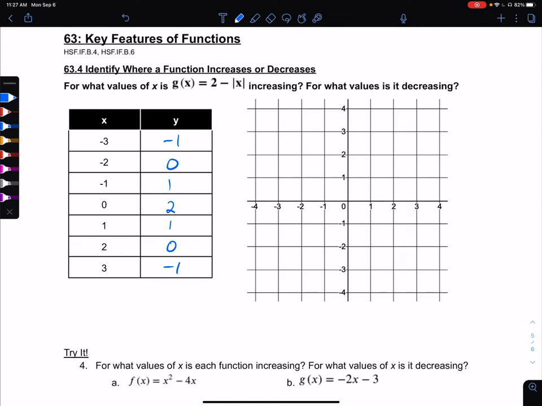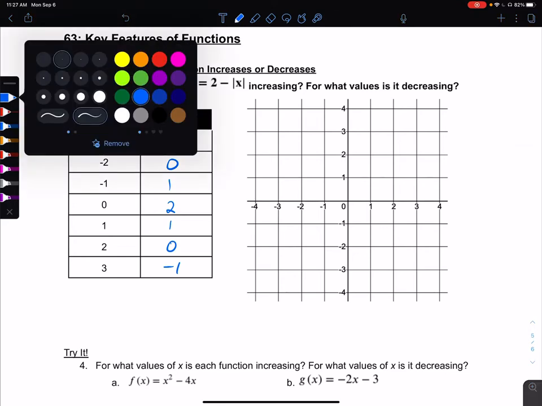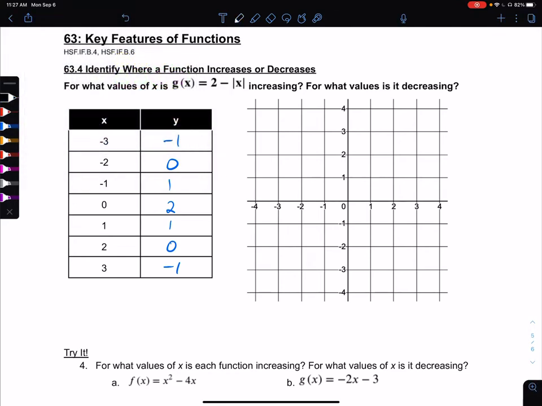So then to graph this, I would plot my points. I'm going to do this in black, because I'm going to need the blue and the red for increasing and decreasing. So -3, -1; -2, 0; -1, 1; 0, 2. And then we change directions.